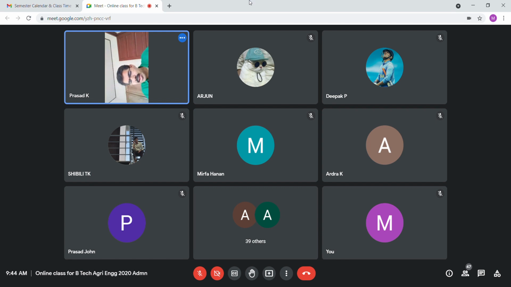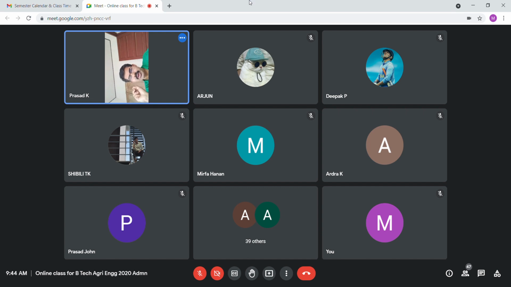Then next we can consider the diametral pitch. What is meant by diametral pitch? It is the ratio of the number of teeth to the pitch circle diameter in millimeters.